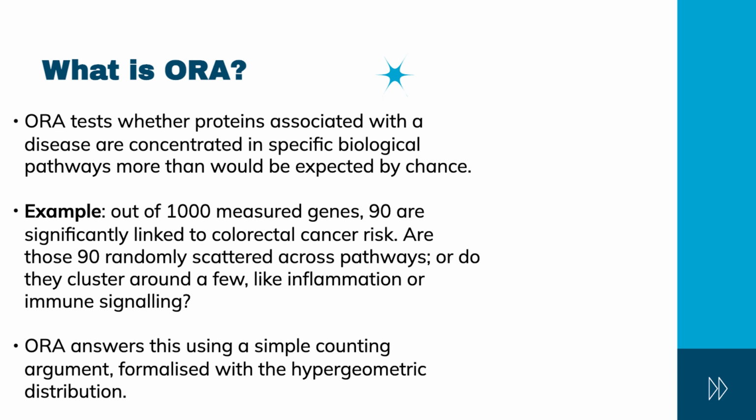Now, when we talk about ORA, we are testing whether proteins associated with a disease or a particular biomarker are concentrated in specific pathways more than we would expect by chance. For example, out of 1,000 measured genes, 90 are significantly linked to, let's say, colorectal cancer risk. That is the particular biomarker that we'll be looking at.